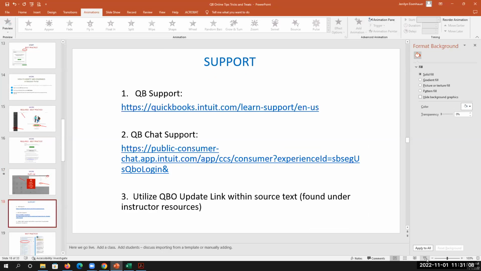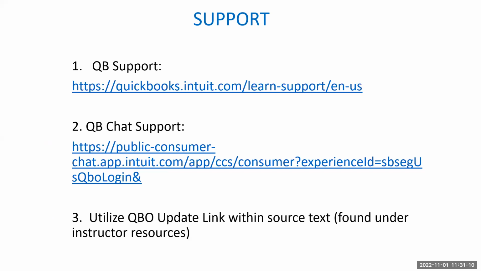So the other types of support you can have through QuickBooks, of course, if you have a content issue, you can always visit with someone with McGraw-Hill, but make sure you're utilizing your QuickBooks support and that you're utilizing the QuickBooks update link. And I know Steve has some things to say, but I'm going to show you as a best practice how you can ensure students are getting the updates very timely.